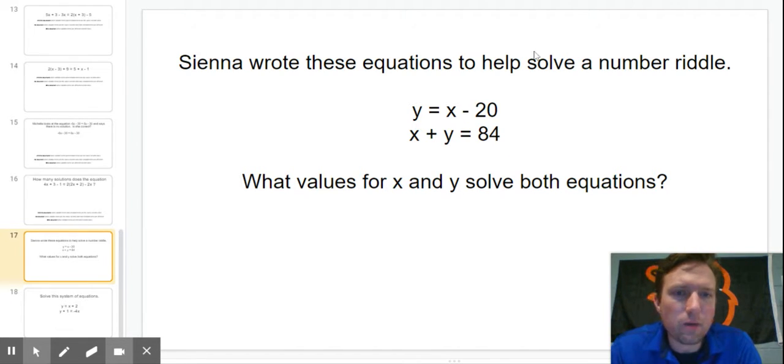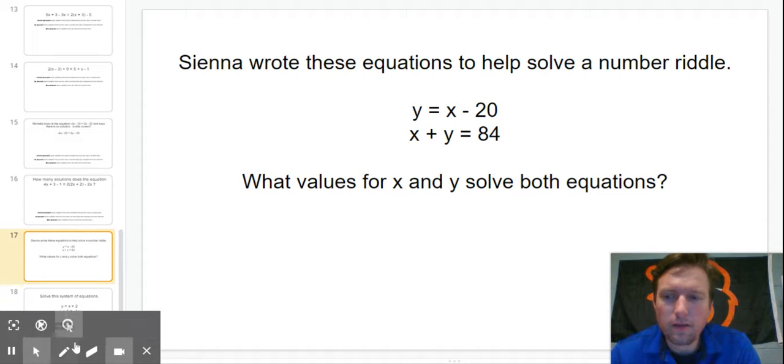So Sienna wrote these equations to help her solve a number riddle. Y equals x minus 20 and x plus y equals 84. What are the values for x and y to solve both equations? First, a couple of things to think about.